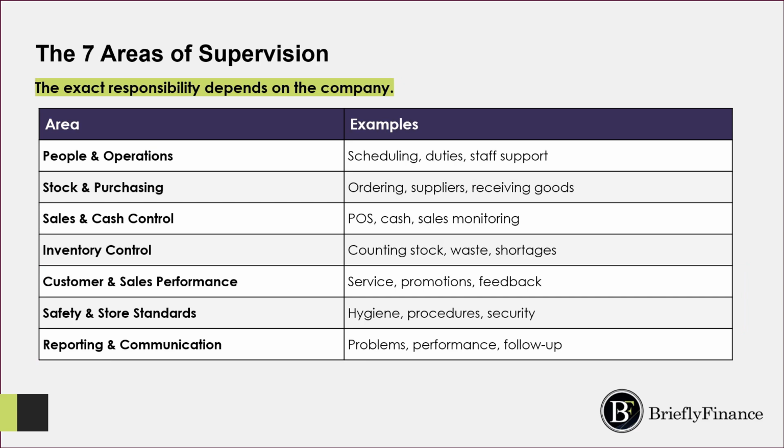If you want to look at it from a broader picture, of course, it depends from one company to another. So there will be people in operation, stock management and purchasing, sales and cash, inventory management, sales performance, security standard, and reporting if there is anything to report.